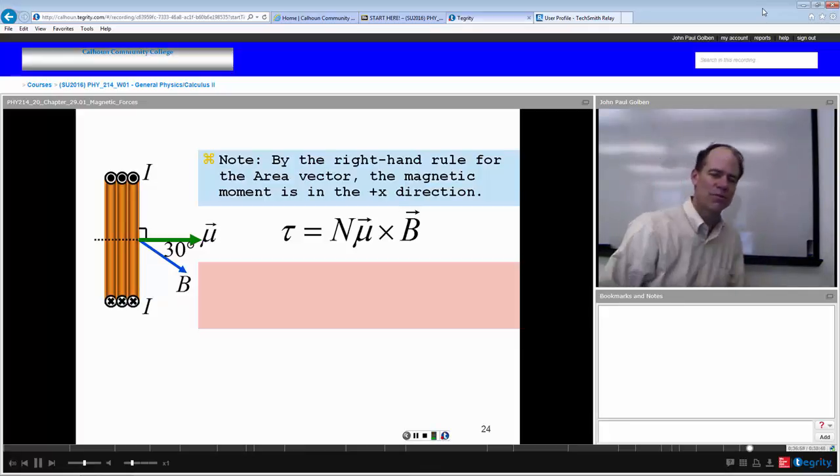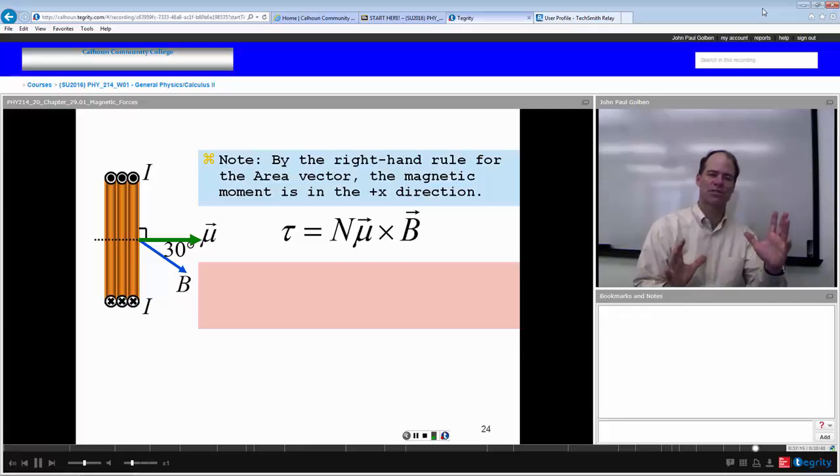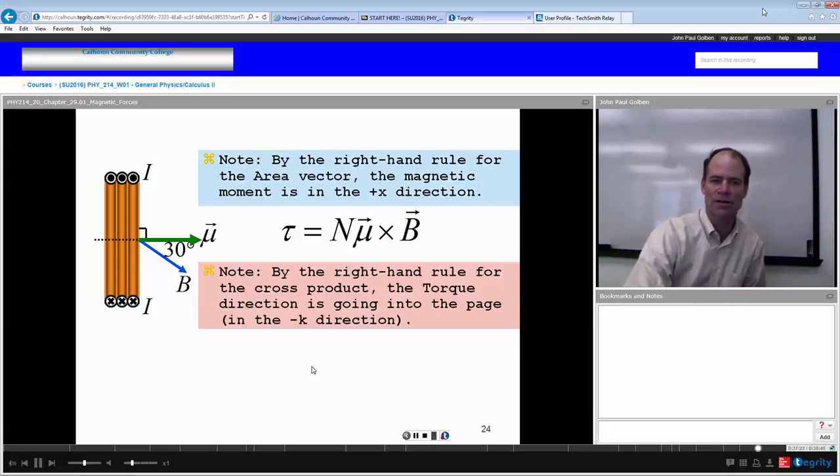Now, you know from mechanics in physics 1 that a clockwise rotation has a torque vector going into the page, counterclockwise out of the page. So by the torque vector right-hand rule, this loop is going to rotate clockwise. In other words, the magnetic moment is going to move toward the magnetic field.